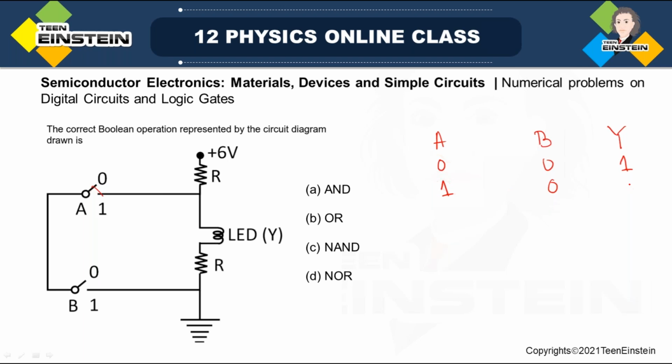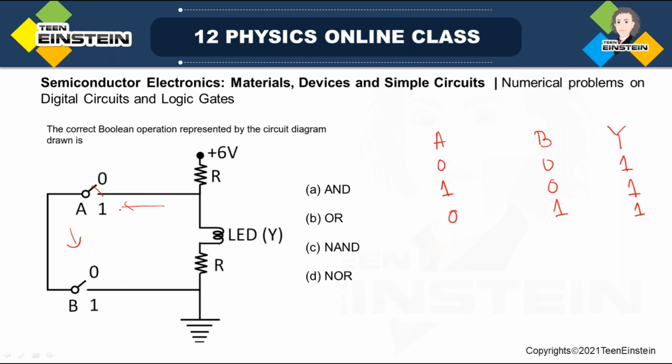Then also LED glowing, because current will not flow through this way. Okay, circuit is not complete. Similarly, if I make A off and B on, then also we'll get LED glowing.